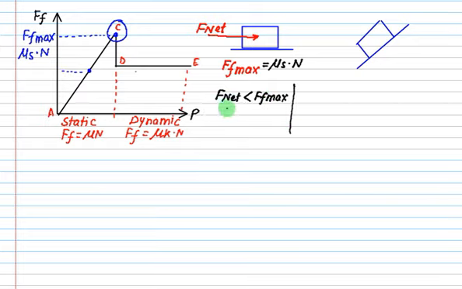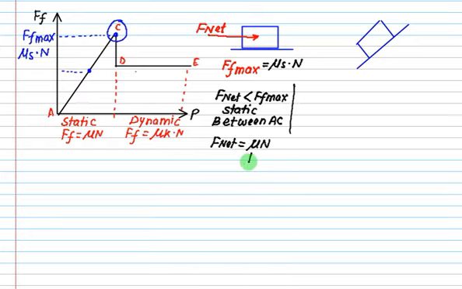If this is so, it means you are in a static condition and you are somewhere between A and C. Since you are between A and C, your F net is not sufficient to overcome the friction force. So F net itself is equal to the friction force, and that is equal to mu N.